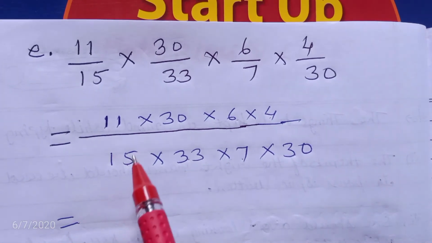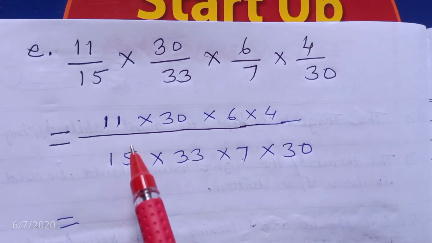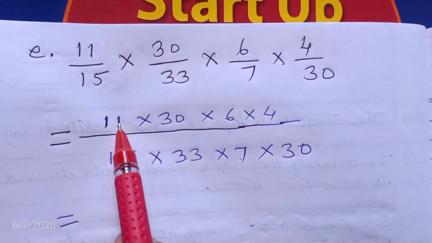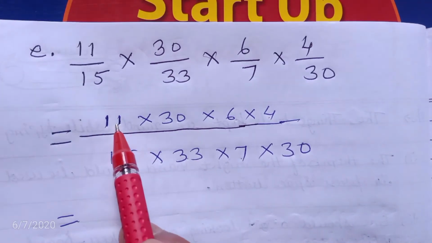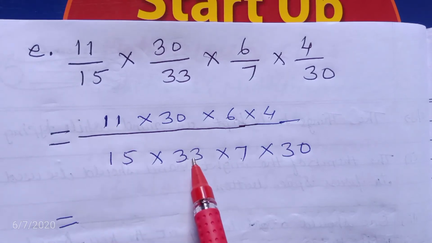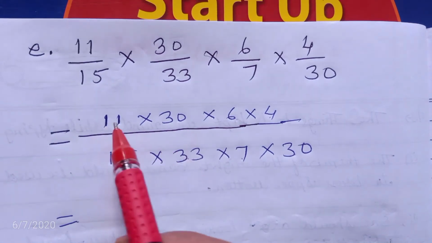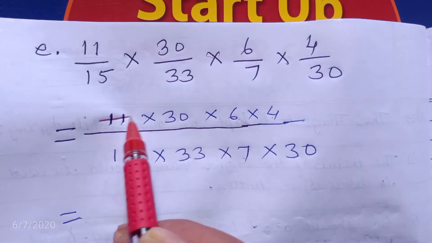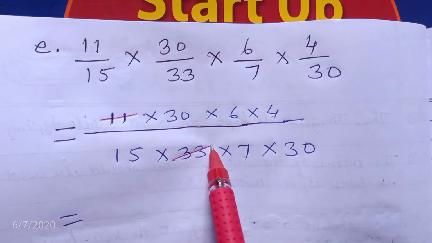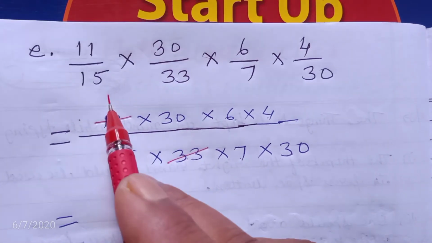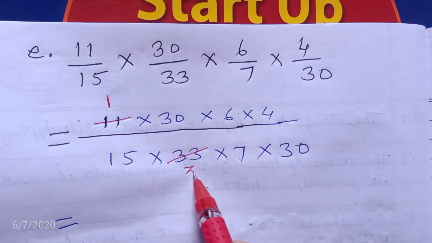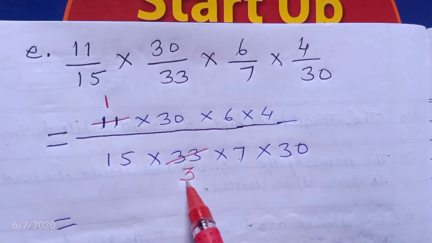Now cancel the common factors, students. See, in the numerator there is 11 and in the denominator 33. You know 11 times 3 is 33. 11 and 33 have common factor 11, so cancel it by 11. 11 divided by 11 is 1, and 3 times 11 goes to 33, so write 3 here.